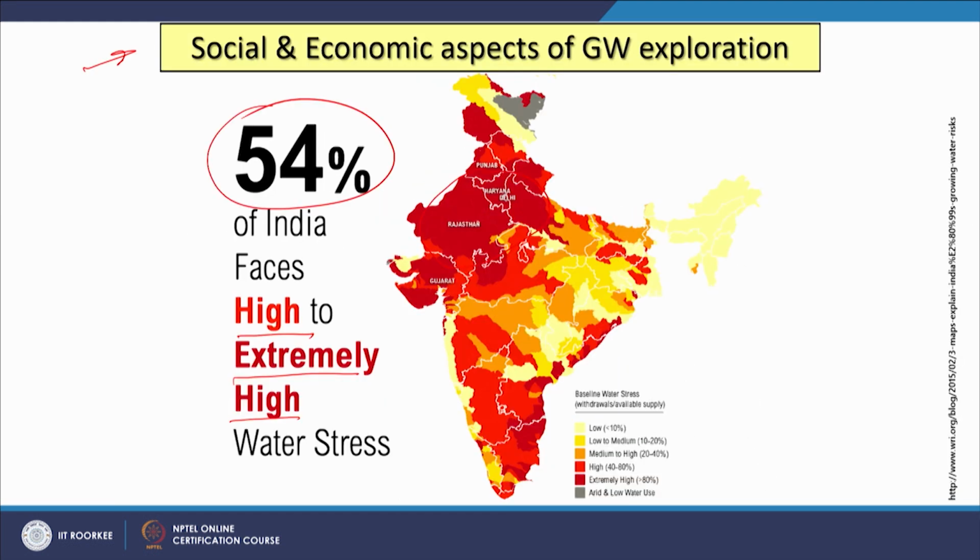So, why are these crises there? The question is that our requirements of water have increased significantly, but at the same time our recharge efforts have not reciprocated accordingly, and that is why a large part of India has high to extreme high water stress.